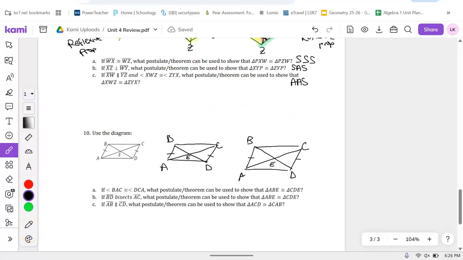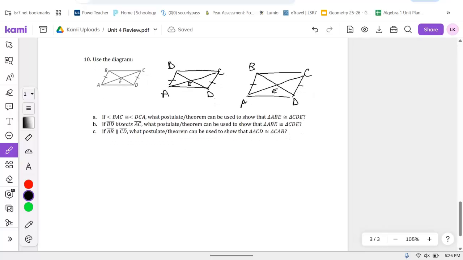Okay, so now for number 10, I went ahead and copied that diagram over, and it says if angle BAC is congruent to angle DCA, what postulate or theorem can be used to show that triangle ABE is congruent to triangle CDE? So I'm going to go here, triangle ABE, so ABE right here, is congruent to triangle CDE right here.